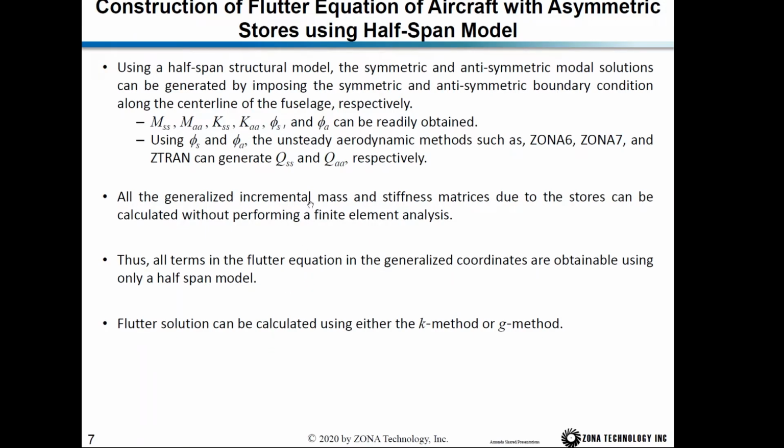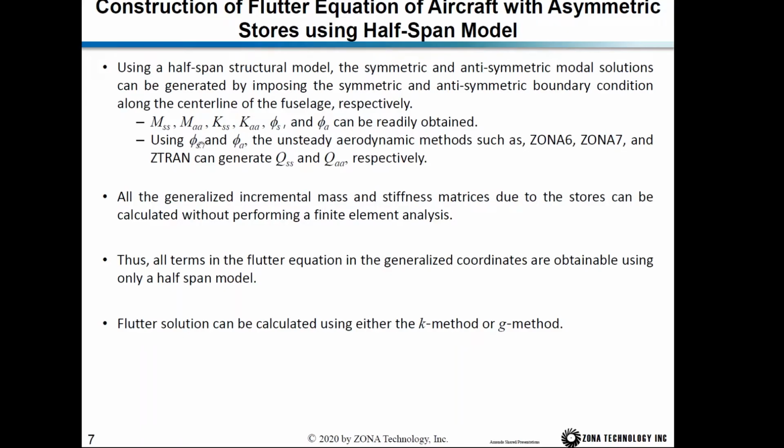Using the half-span structure model, the symmetric and anti-symmetric modal solutions can be generated by imposing the symmetric and anti-symmetric boundary conditions along the center line of the fuselage. And so all the generalized mass, stiffness, and modes can be obtained.